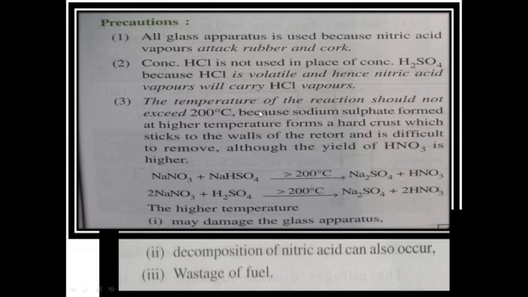The temperature of the reaction should not exceed 200 degrees Celsius, because sodium sulfate formed at higher temperature forms a hard crust which sticks to the walls of the retort and is difficult to remove, although the yield of nitric acid is high.